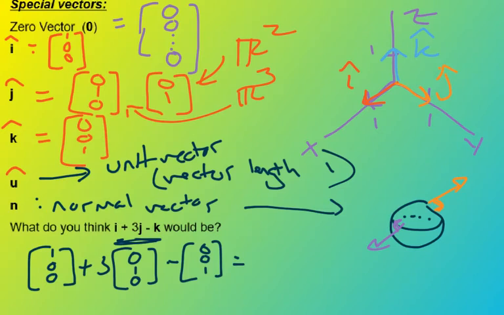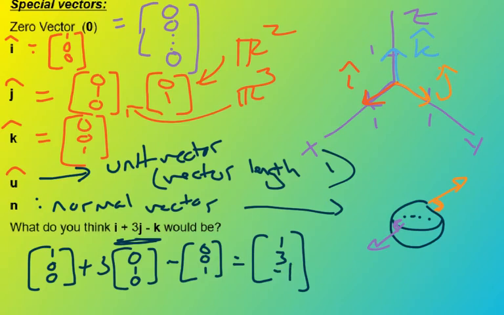So if I go along the top, it would be 1 plus 3 times 0, so nothing there, so just 1 plus nothing, then minus nothing. So we would get just 1 in the x component. And the y would be 0 plus 3 times 1 minus 0, which would work out to be 3. And then the last part would be 0 plus 3 times 0 minus 1, so just negative 1.